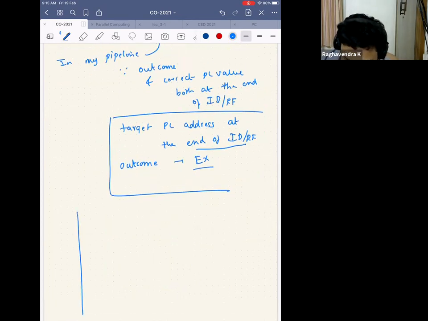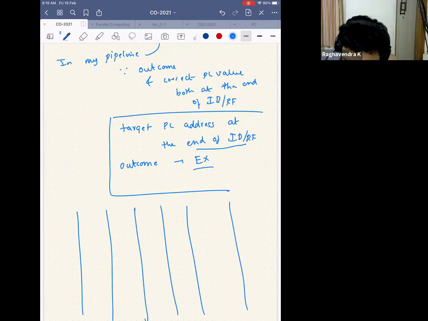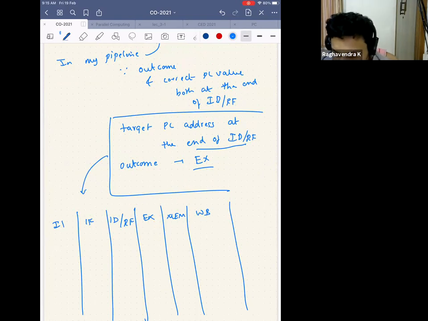Let's say I do something like this. Let's say I do instruction, so this is my instruction one. Memory and write back. Now this particular pipeline, somehow by some magic, I know the outcome only here. So I know the outcome here, and I know the target PC address here.